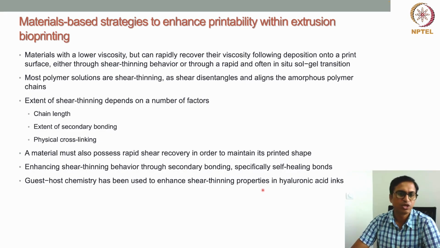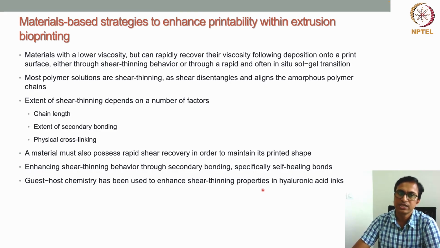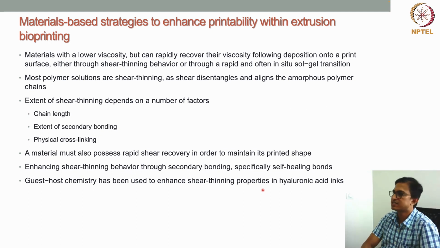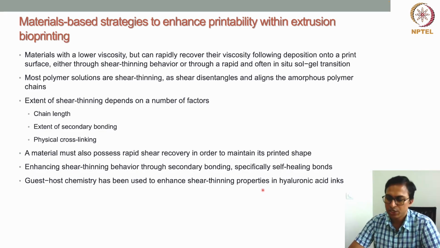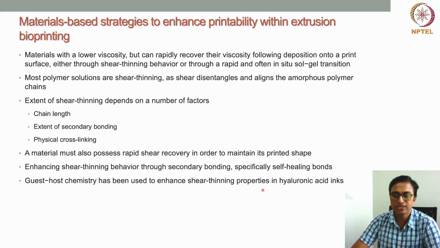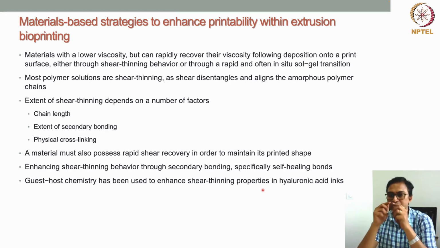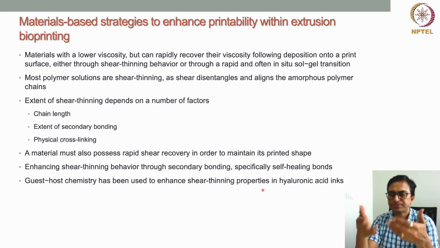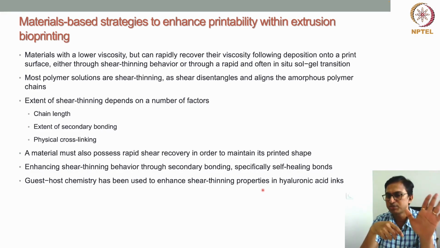If you see materials with lower viscosity, this is actually ideal. Materials with lower viscosity that can rapidly recover their viscosity following deposition onto a print surface, either through shear thinning behavior or through a rapid and often in situ sol to gel transition. Because in extrusion based bioprinting, we have discussed that when the material is extruding through the nozzle and getting deposited, in that process the material is fluid, in sol state.